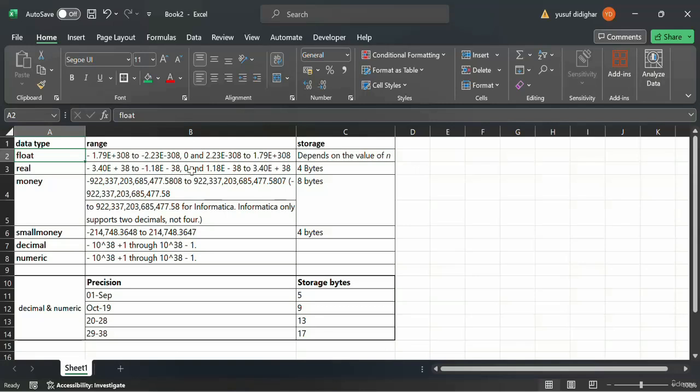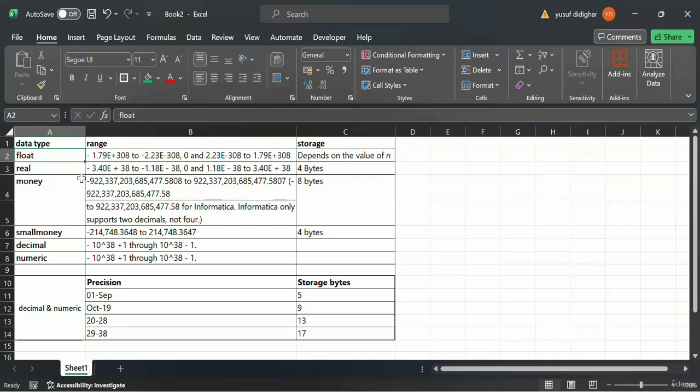Each range has been given over here and the storage has been given accordingly. Although we have just used float until now, there's real, money, small money, decimal, numeric, and so on. And the size in terms of bytes has also been given. I don't think we need much discussion to understand how the bytes work, because we understood that in the previous video. So based on the range, you can take a call.